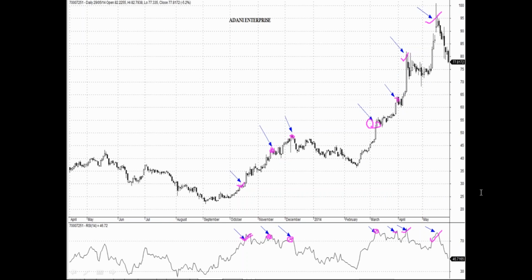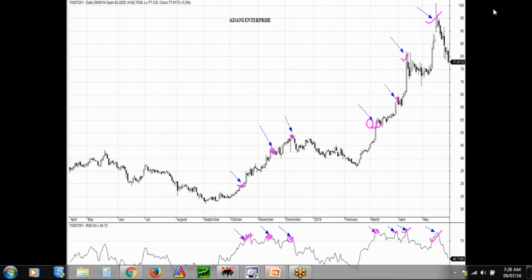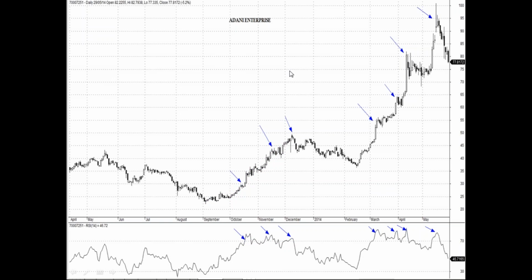Right. So this is basically the way overbought and oversold zones are made, because of the mathematical construction of the formula: once the RSI or any indicator moves up, it goes into the overbought zone and tends to stay there for some time, because it's the mathematical construction of the formula, right?